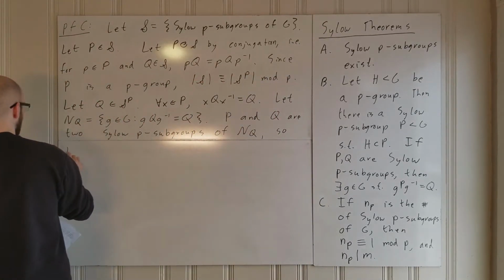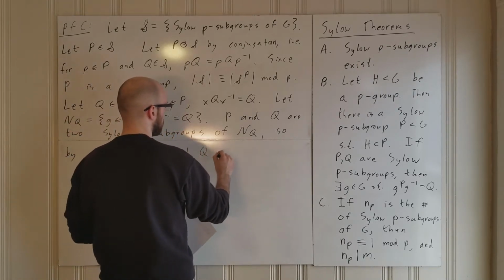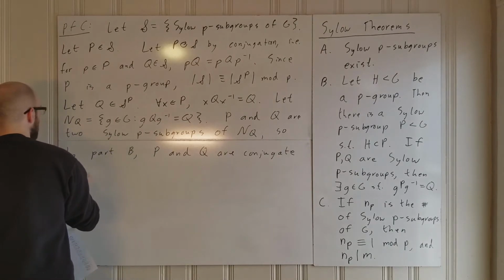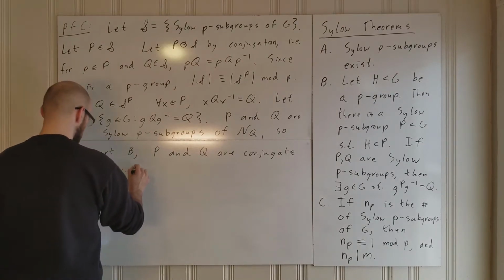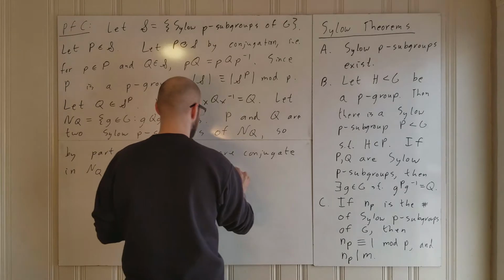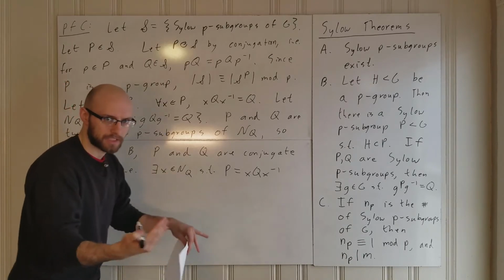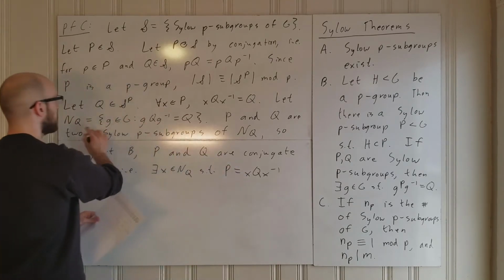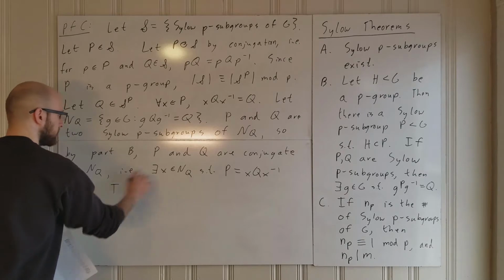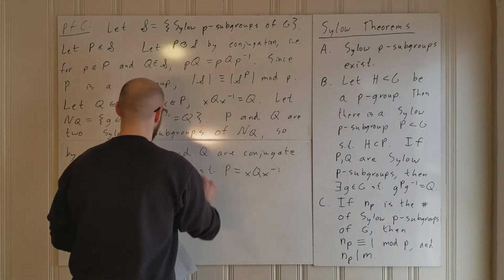So by part B, P and Q are conjugate, but they're not just conjugate in G here, they're conjugate in N_Q, i.e. there exists an X in N_Q such that P is equal to X Q X inverse, because that's what it means to be conjugate in N_Q, which is more specific than being conjugate in G. But look, this is in N_Q, and so X Q X inverse is going to be equal to Q. And so Q is equal to P. This holds for all Q in S_P.